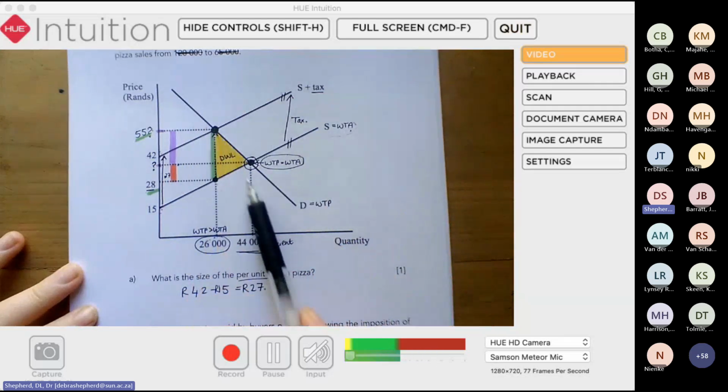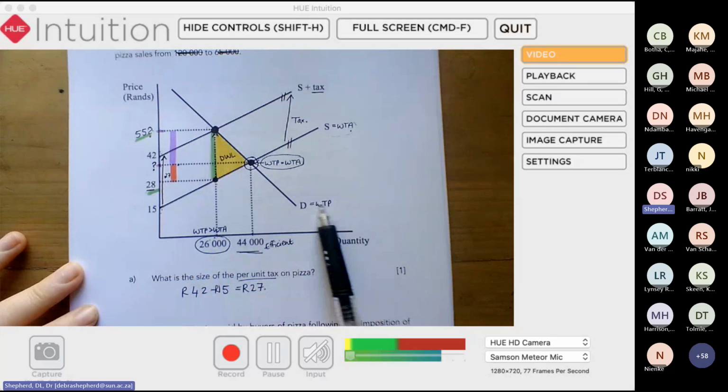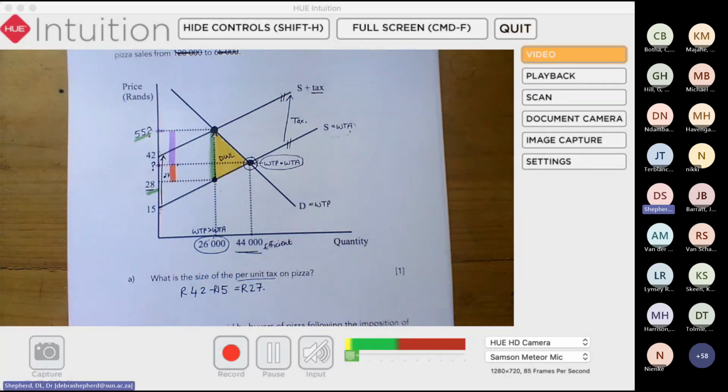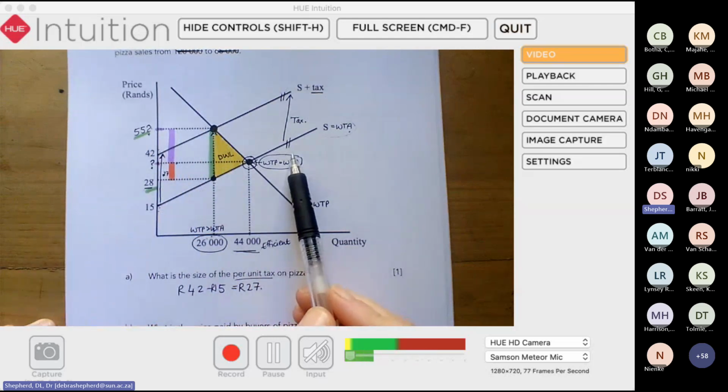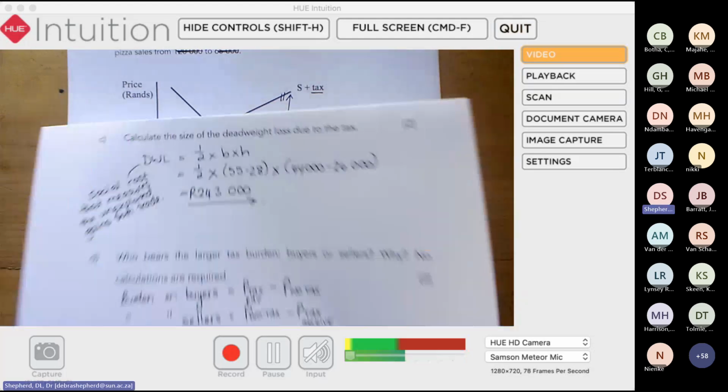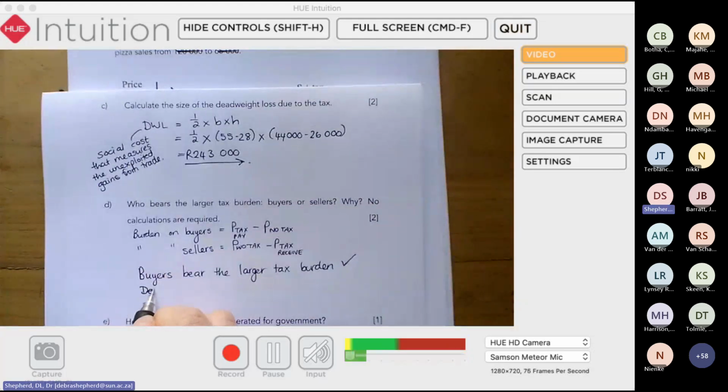And so demand is going to be less elastic than supply. Okay, so because the demand curve is steeper than the supply curve, demand is relatively less elastic or more inelastic than supply. Okay, so demand is less elastic than supply.